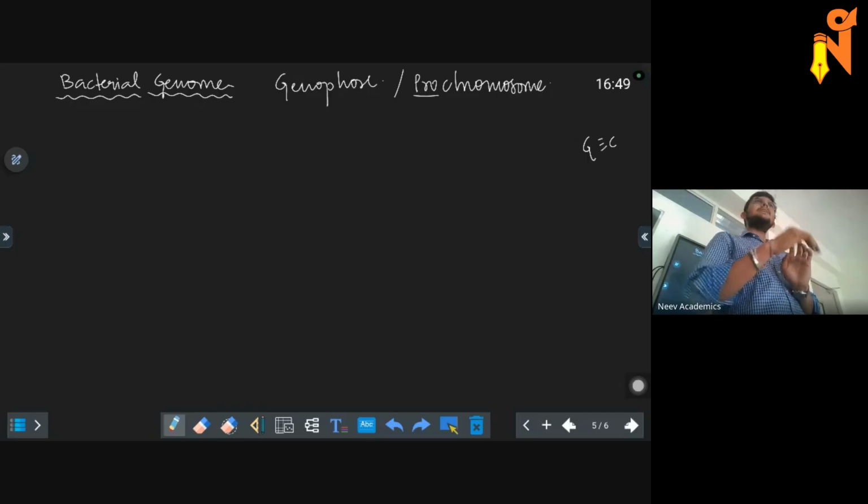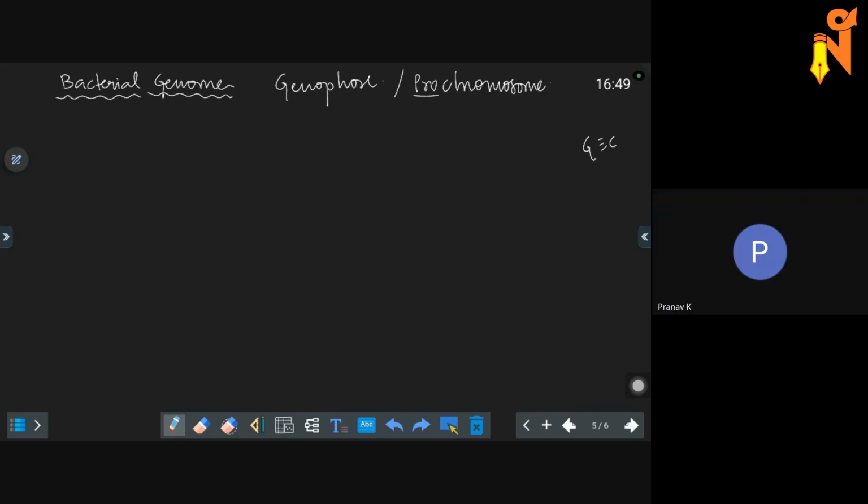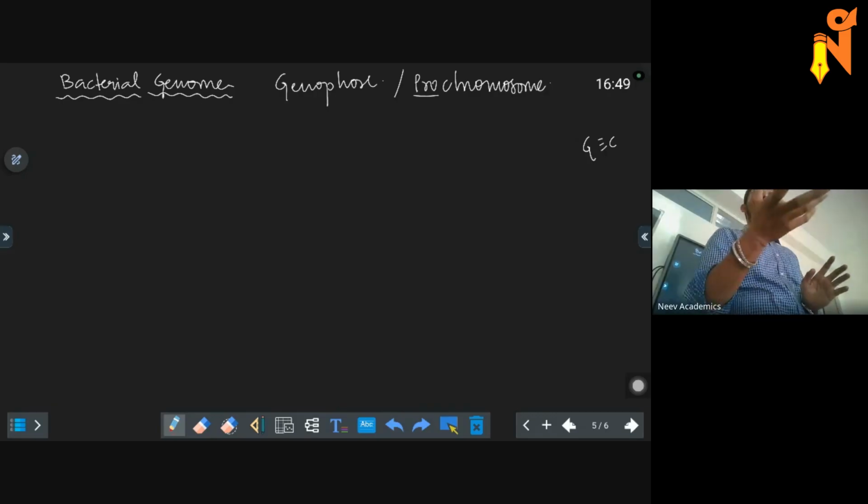So DNA with a high amount of guanine and cytosine will be more stable. So prokaryotic DNA is more stable compared to eukaryotic DNA because of the high GC content.